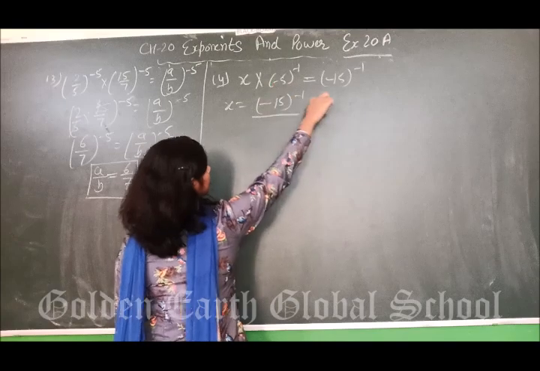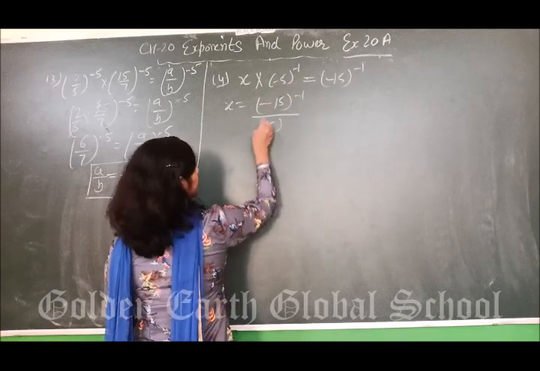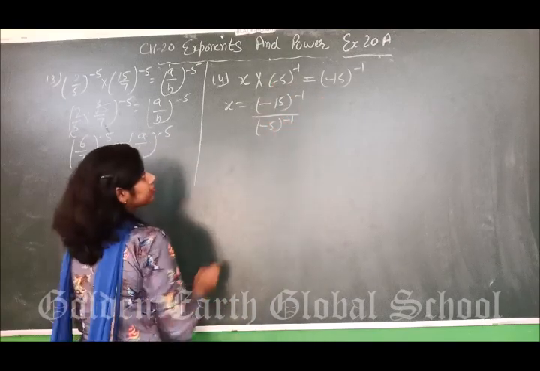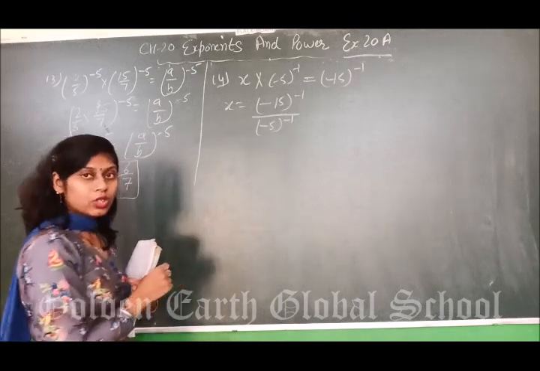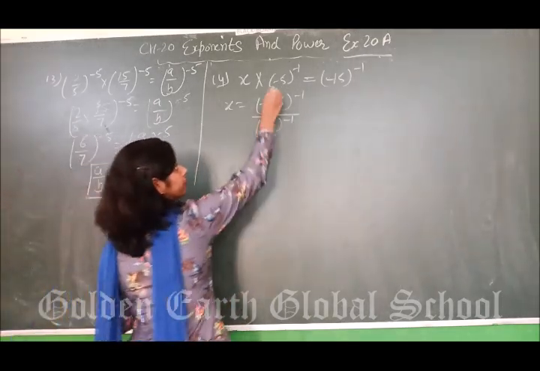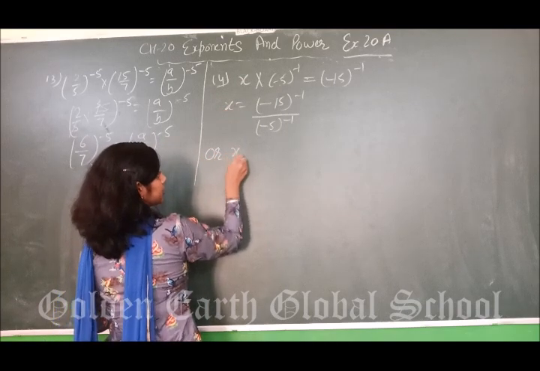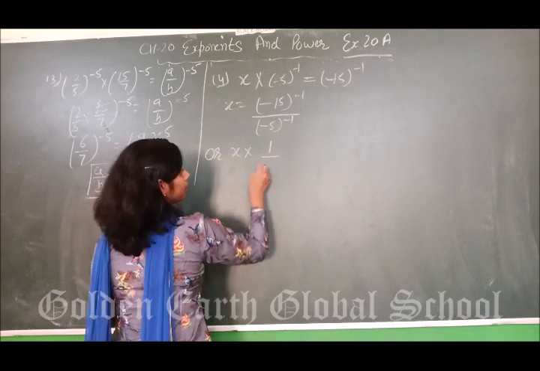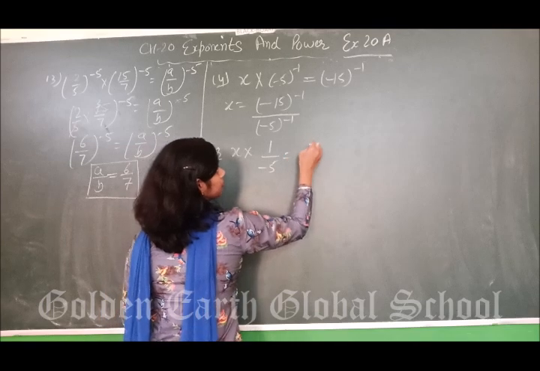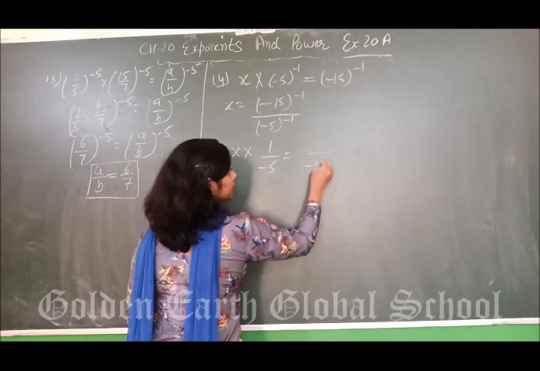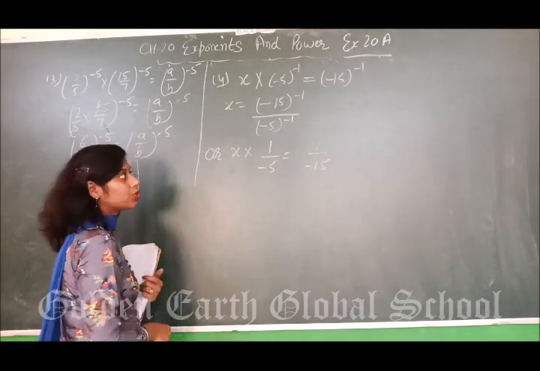This negative power will convert to denominator, minus 1 raised to power minus 1. You can solve it like this or you can directly take the reciprocal. So it's your choice.